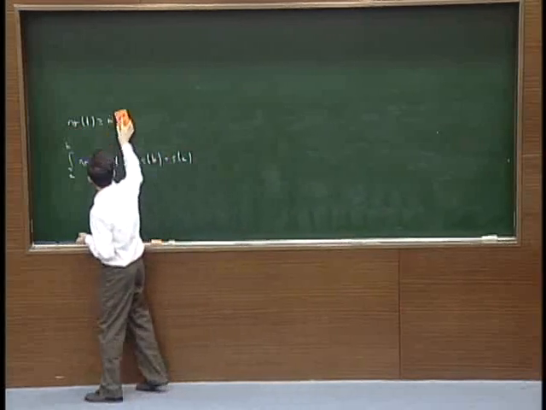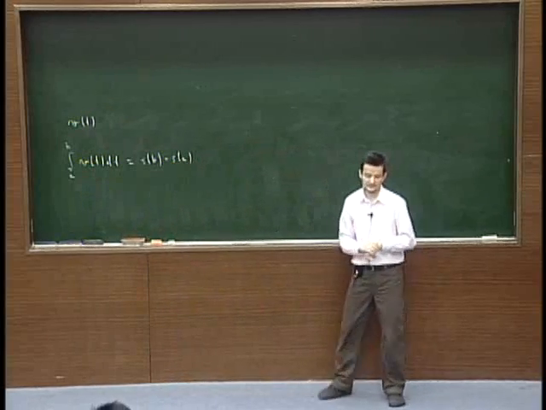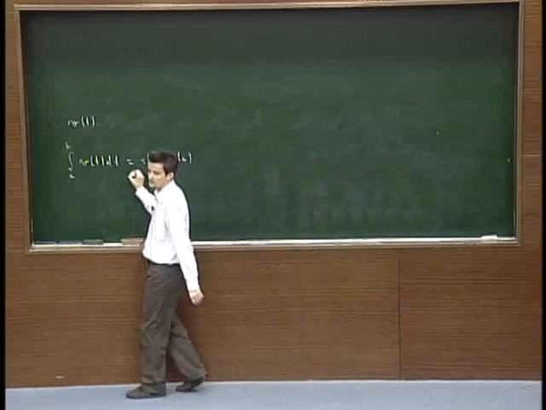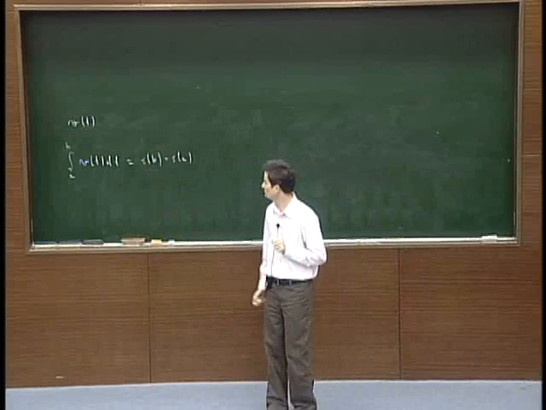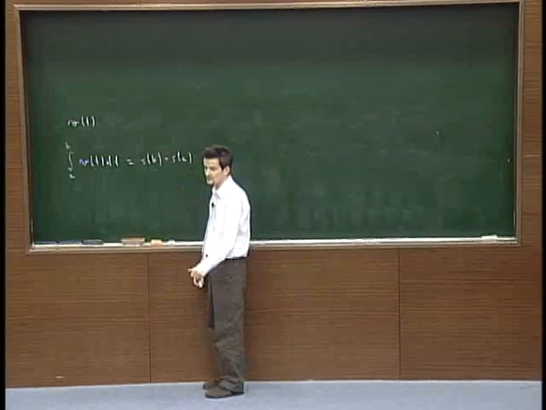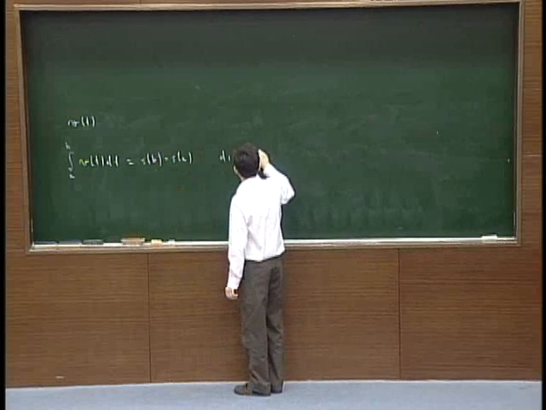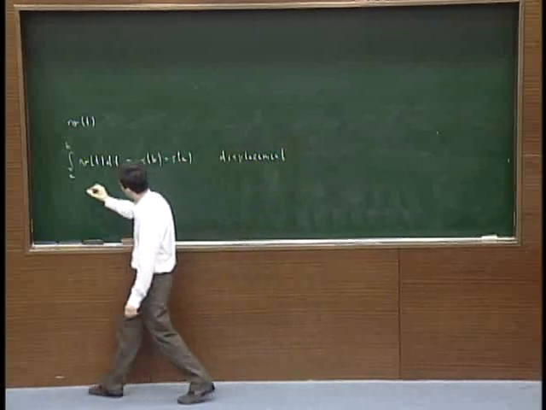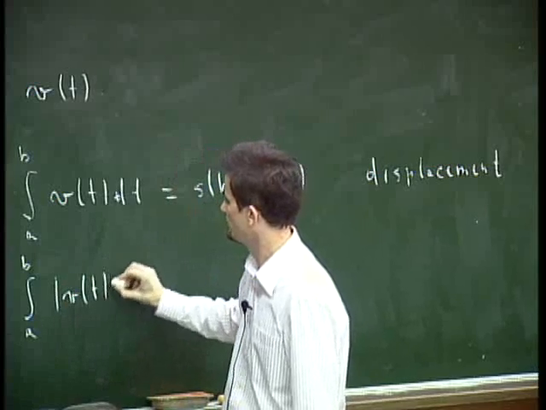For instance, if the velocity does not necessarily satisfy v greater than or equal to 0, and the movement takes place on a straight line, then what you get here is not the distance traveled, but the displacement. And if you are really interested in the distance traveled, what you have to add is the absolute value.